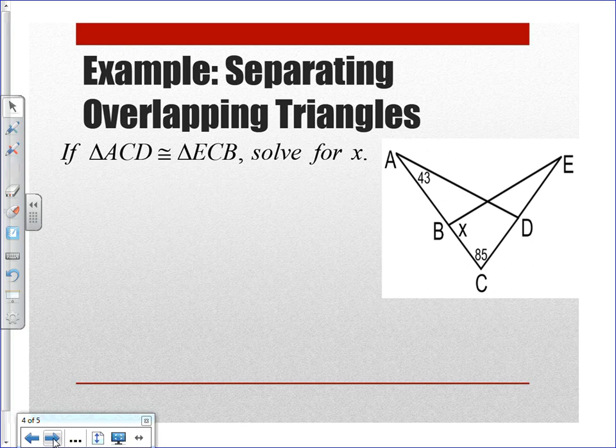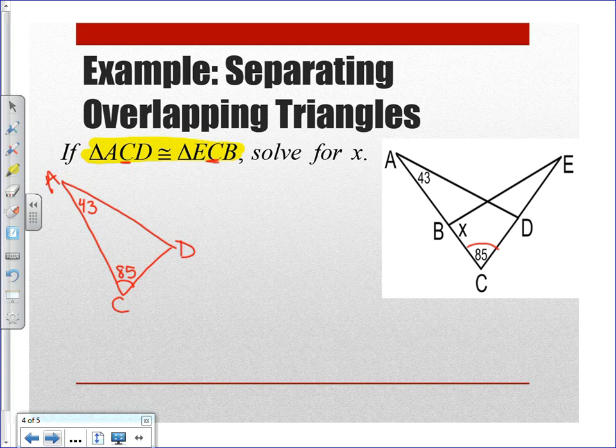So first off, anytime they give us a congruence statement, use it to your advantage. Here, you should notice the only letter they have in common is C. Since C is a single letter, it means angle C is in both triangles. So on one triangle, I have something like this, A, C, D. Tells me A is 43, C is 85.